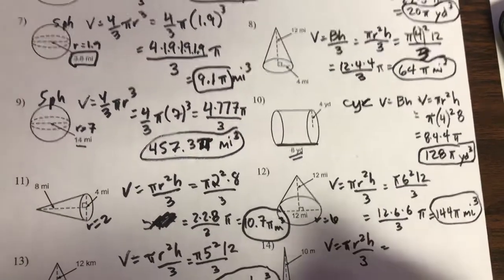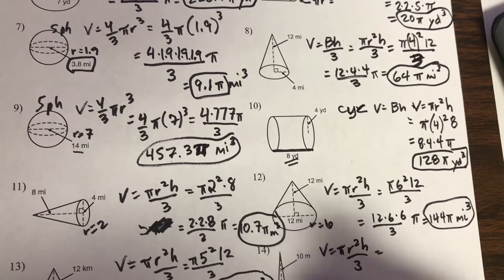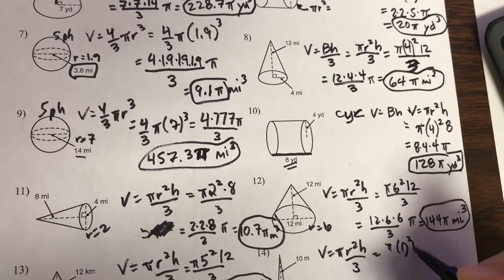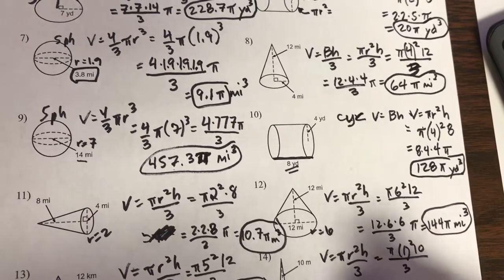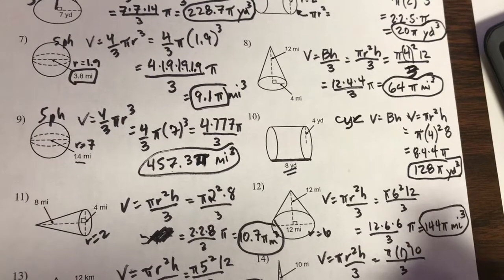Last one, it looks like the diameter was 2, so the radius would be 1. So we get 10 times 1 times 1 all over 3 pi.